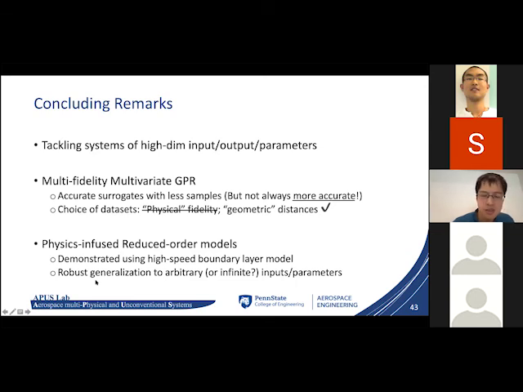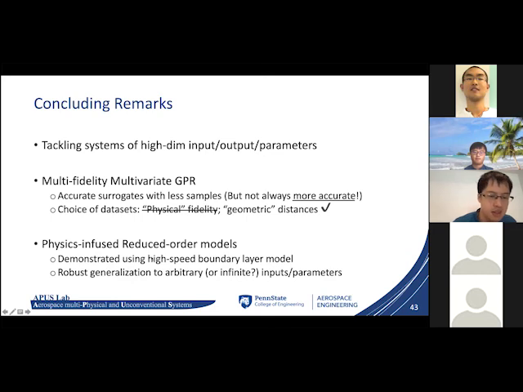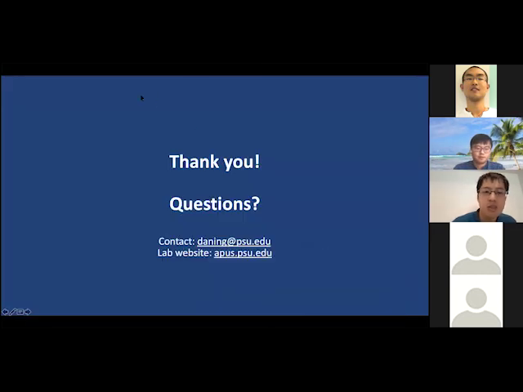In some sense, due to the functional form of the model, it is applicable to an infinite number of inputs and parameters. And that's all I have today. Thank you for listening to my presentation.